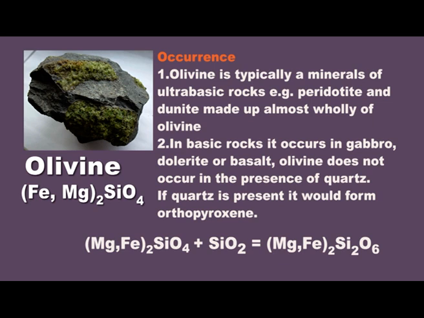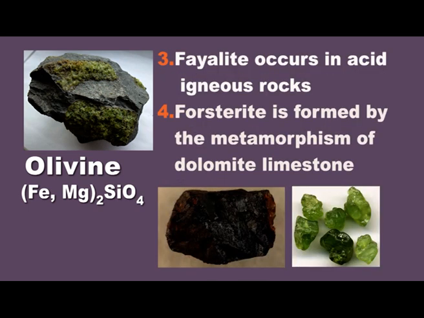If quartz is present, it would form orthopyroxene. The reaction is (Mg,Fe)2SiO4 plus SiO2 gives rise to (Mg,Fe)2Si2O6. Fayalite occurs in acid igneous rocks. Forsterite is formed by the metamorphism of dolomitic limestone.